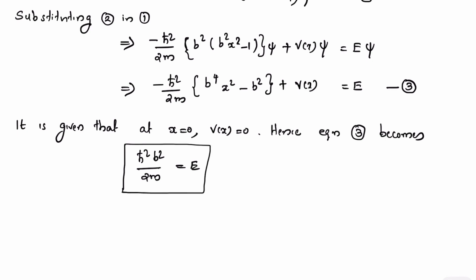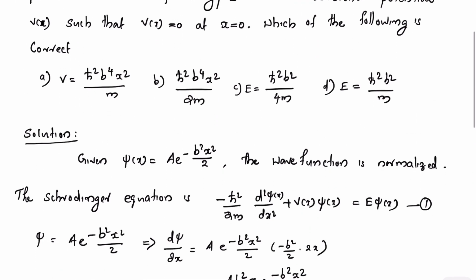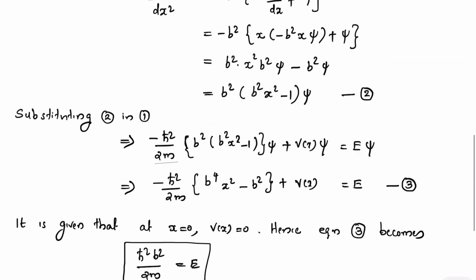Options C and D give the energy eigenvalue, but they do not satisfy our solution. So we can say that C and D are incorrect.